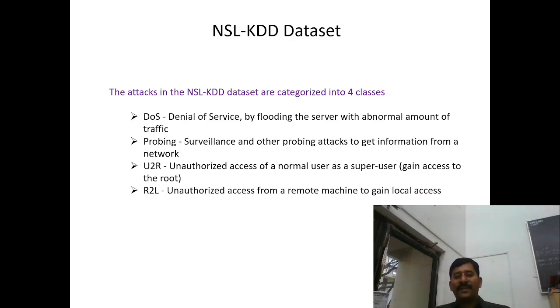Denial of service is flooding the server with an abnormal amount of traffic. The second category is probing, which is particularly meant for surveillance and other probing attacks to get information from a network. So these are the 4 classes categorized under the NSL KDD dataset.